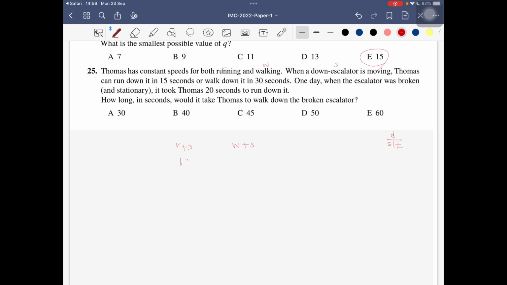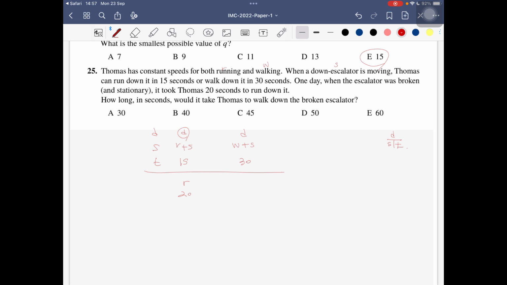So this takes 15 seconds, and this was 30 seconds. And the distance is the same. And when this escalator was broken, there is no speed of the escalator itself. So when he runs down, he has only his own speed R, and it took 20 seconds. It is still the same distance.